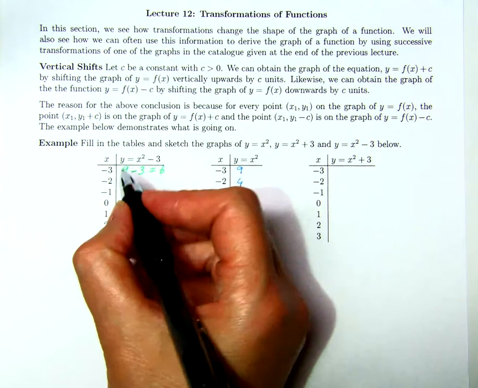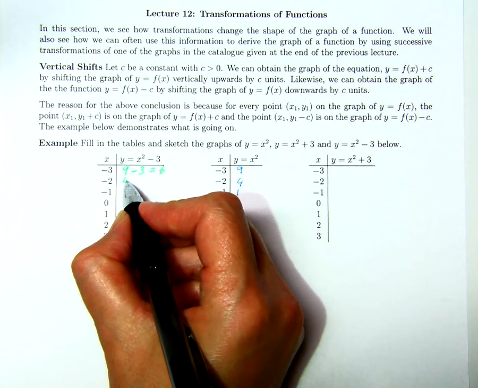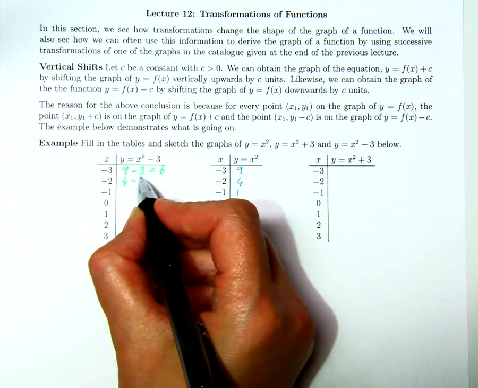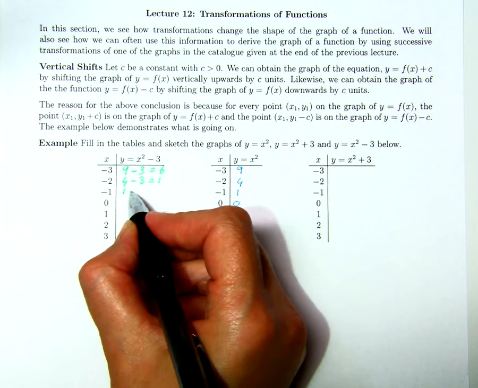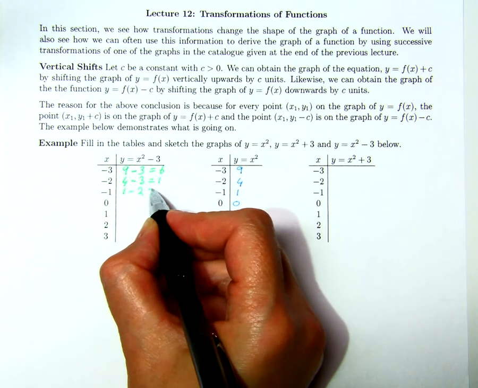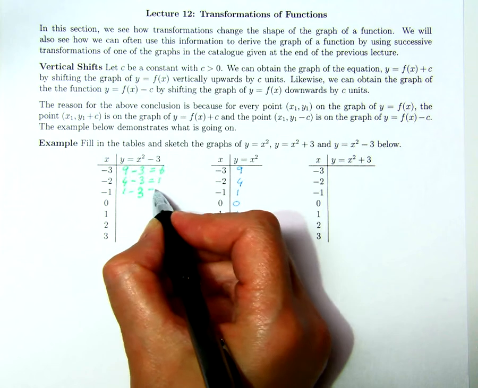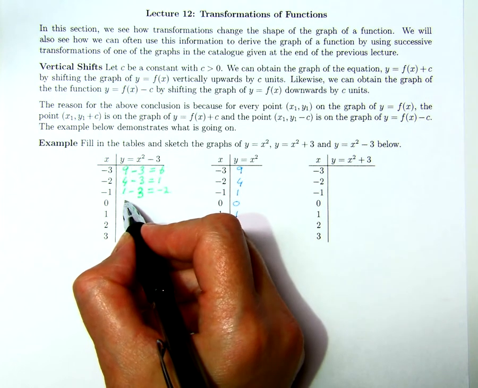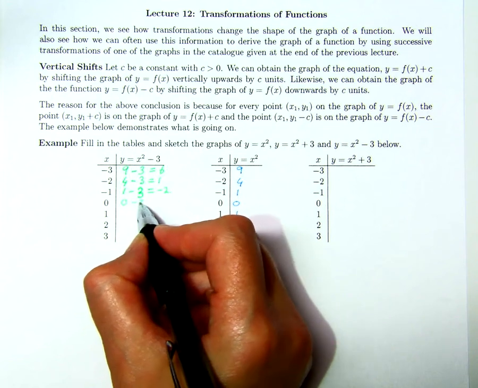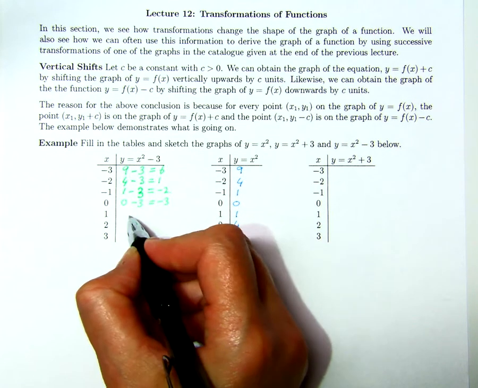on this graph. Likewise, when x is minus 2, x squared minus 3 is 1. When x is minus 1, x squared minus 3 is minus 2. And when x is 0, x squared minus 3 is minus 3.